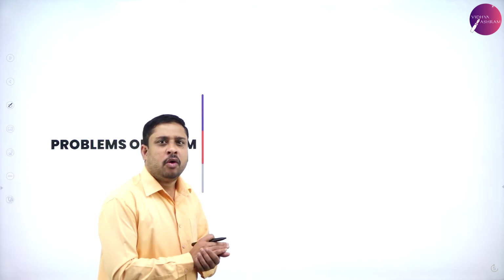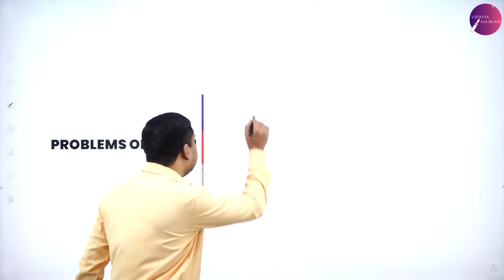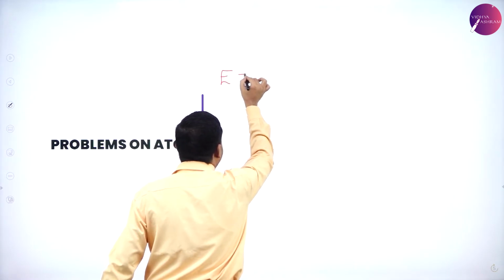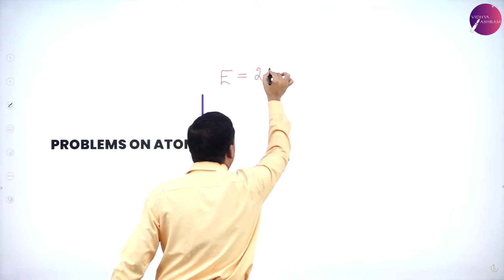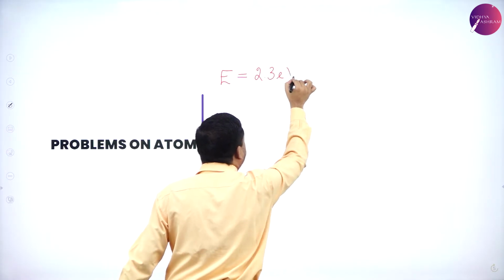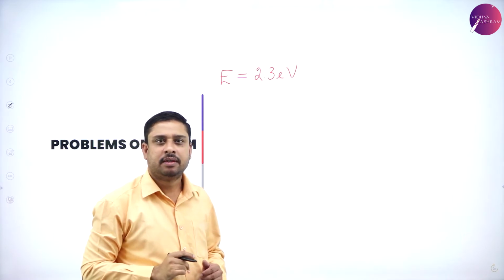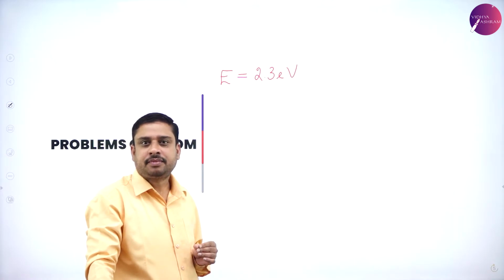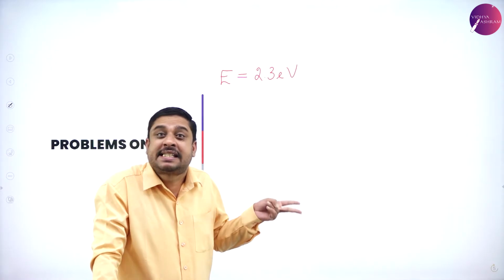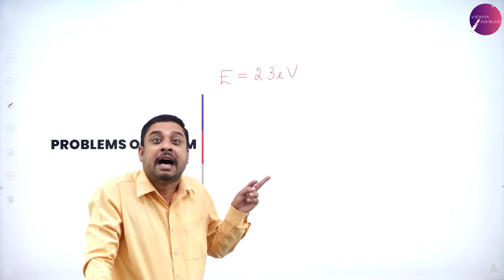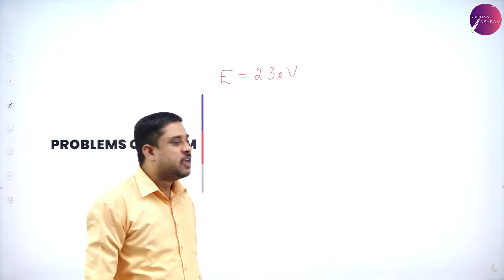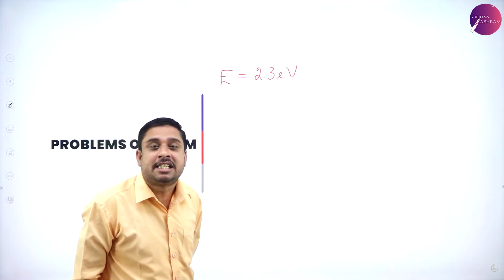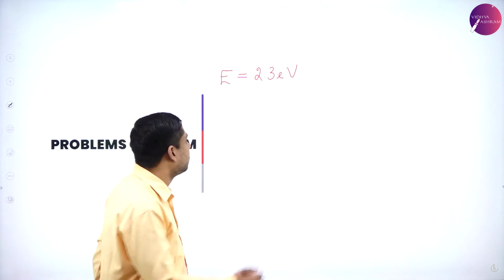Now, what is the energy difference given to be? So this is 2.3 electron volt. But I have to calculate frequency, whose SI unit is hertz, which means I have to convert this energy into joule.